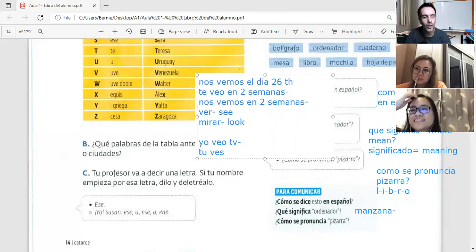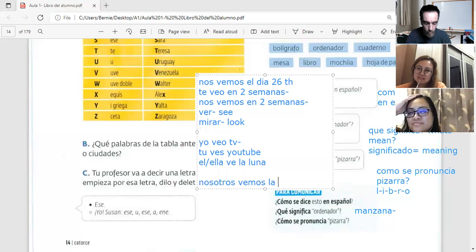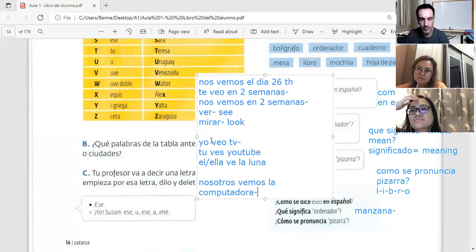No, everybody is now watching Turkish, I don't know what. Tú ves YouTube, let's say. Ella ve la luna. Nosotros vemos la computadora. We watch the screen, or we see the computer. Just to give you an idea how to conjugate: veo, ves, ve, vemos. As you see, it's an irregular verb.